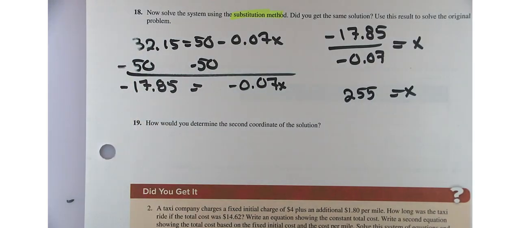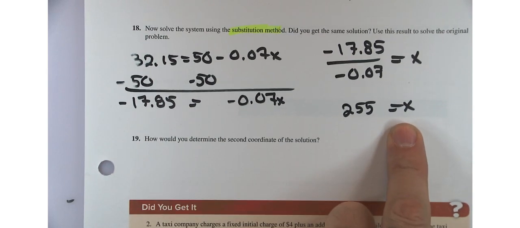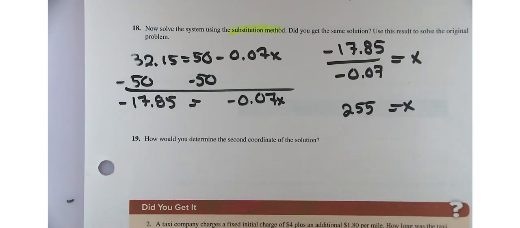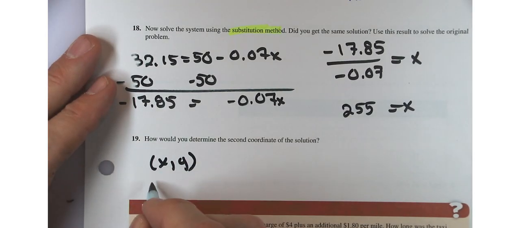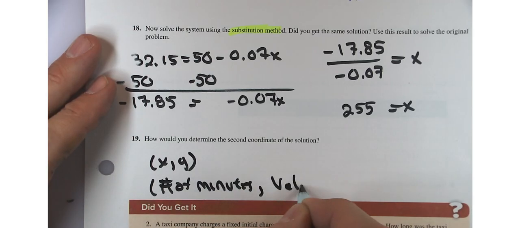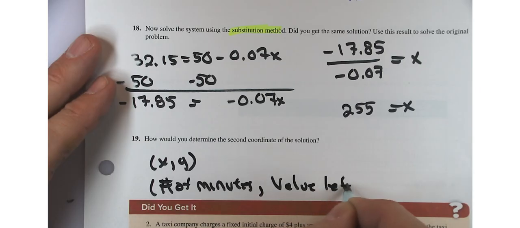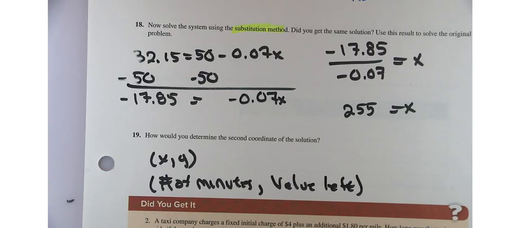How would you determine the second coordinate of our solution? Because remember, our solution has an x and a y coordinate. In our case, it's going to be number of minutes and the value left on the card. How could I find that value? Input 255 as x and then solve for y.